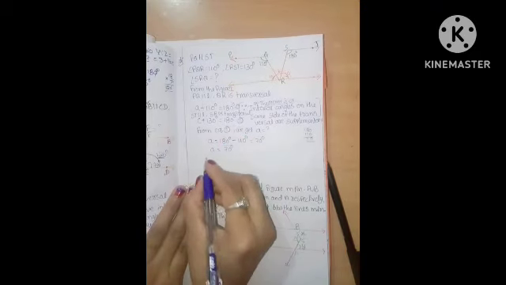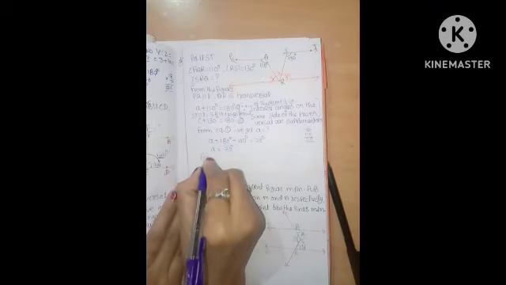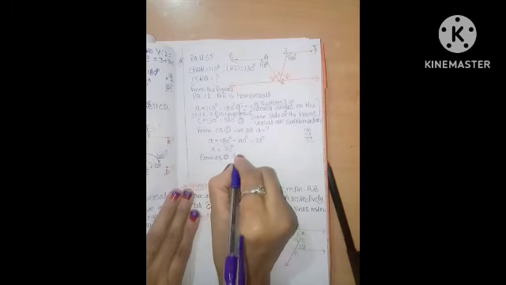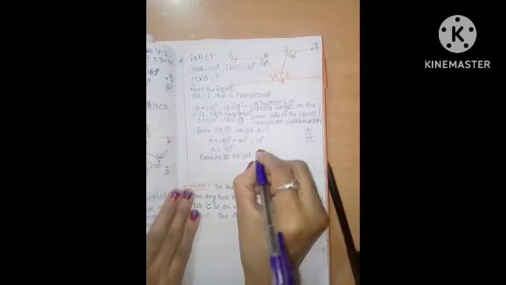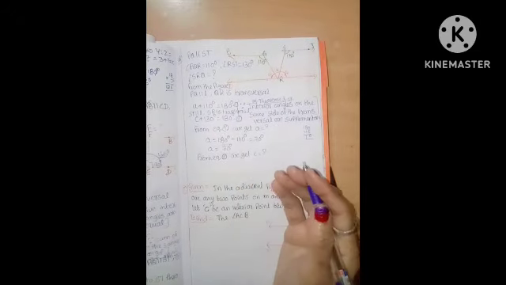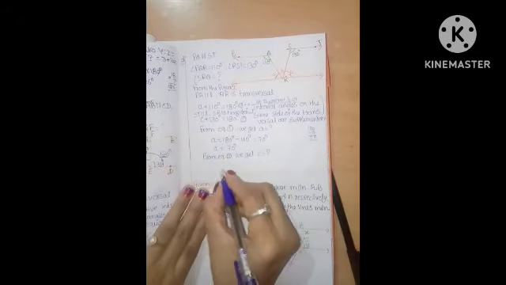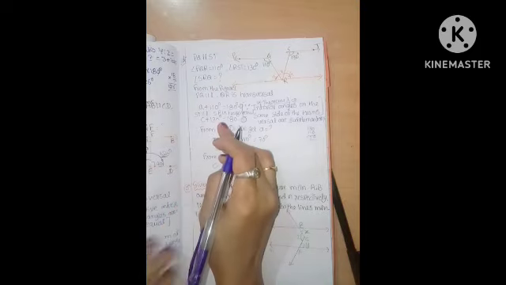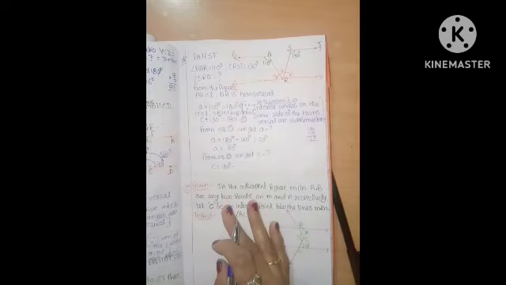Next, from equation 2, we get the C value. How much value do we get from equation 2? So, C equals 180 degrees. Before the equal sign it is 130 degrees.